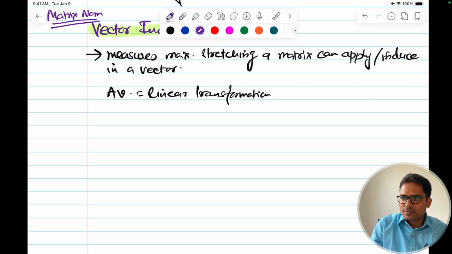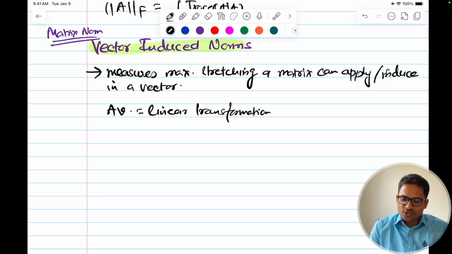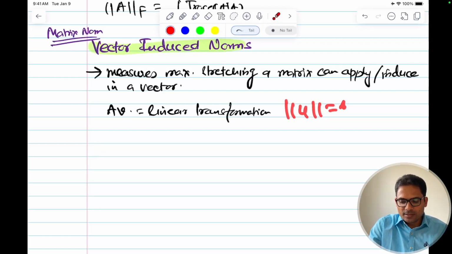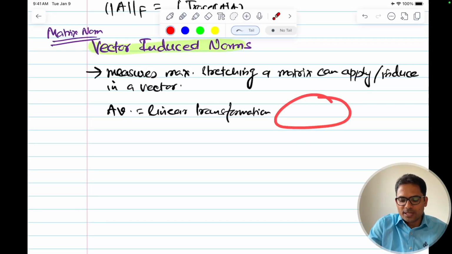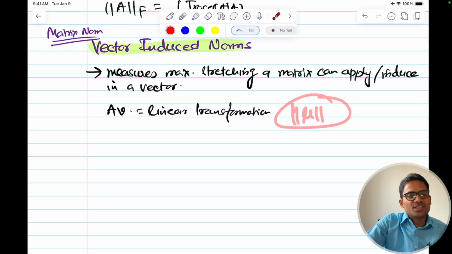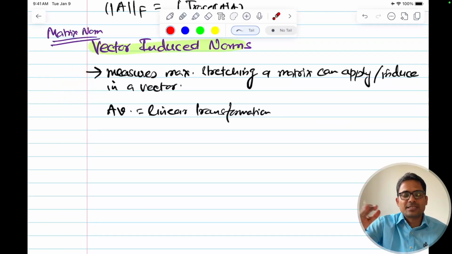So we will see. One more thing: this measures the maximum stretching a matrix can apply or induce in a vector where the vector has unit length. So we fix the length of the vector as a unit vector so that we can just measure the stretching, and the vector's length doesn't come into play. I just want to check how much stretching the matrix is doing. That will be the characteristic of a matrix, right? How much it can stretch any vector, and that is the vector induced norm.